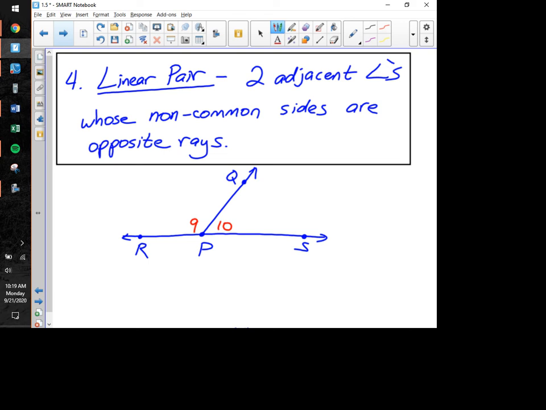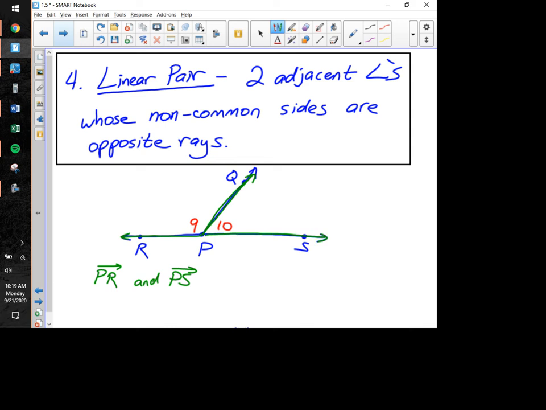The side that these two angles share, that they have in common, is ray PQ. Poorly drawn. The sides that they do not share are ray PR, like so, and ray PS. So here's ray PR shooting out to the left, and here's PS shooting out to the right.